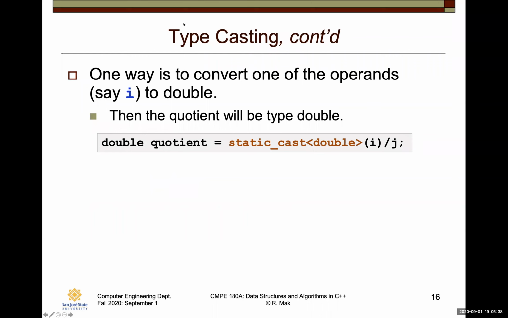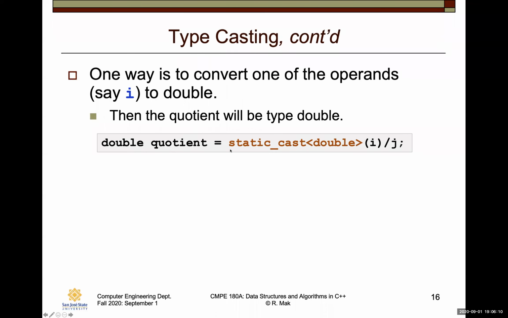So there is a way of doing it. Now remember, for division, if one or both of the operands, either the numerator or the denominator, is a double, then the result of the division will be double. And if all you have are i and j, then here's one way to do it.